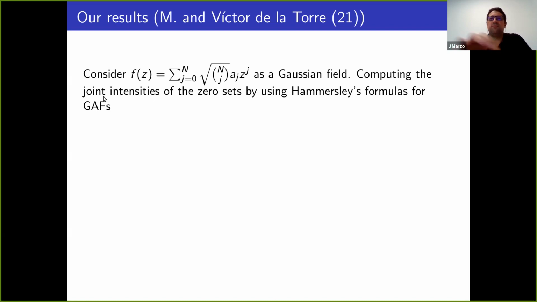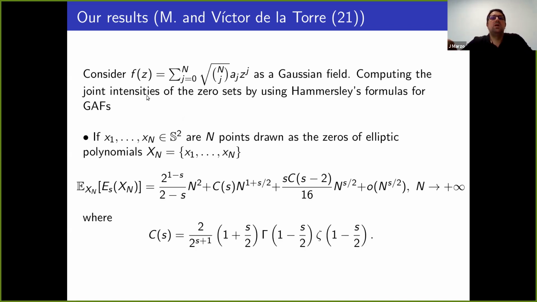And there are formulas for the so-called joint intensities of the zero sets, Hammersley's formulas. Although they look a little bit intimidating, seeing that in some particular cases this has been computed, it's reasonable to try to say something about these energies using this approach, because to compute the expected energy, all you need is to control the second intensity. And this is basically our result.